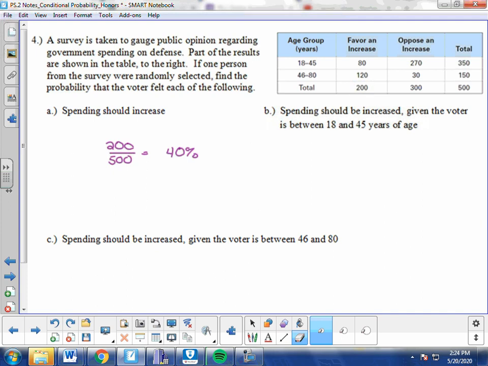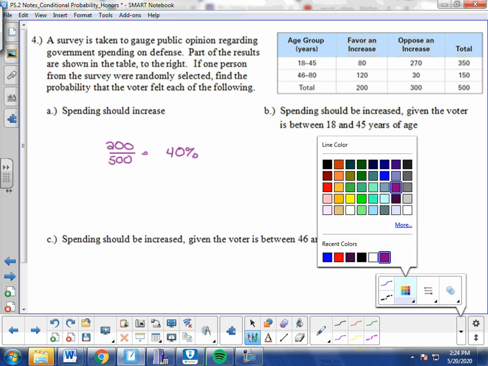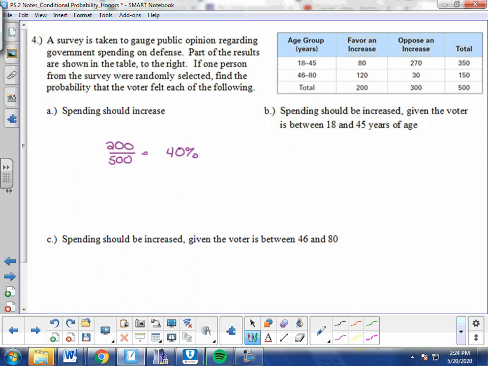Now problem B starts to throw us into some conditional probabilities. It says spending should be increased given the voter age is between 18 and 45 years of age. So if we use our formula here, and you wouldn't necessarily have to use the formula because of the information given in the table, but let's go ahead and look at how we could use that formula here.